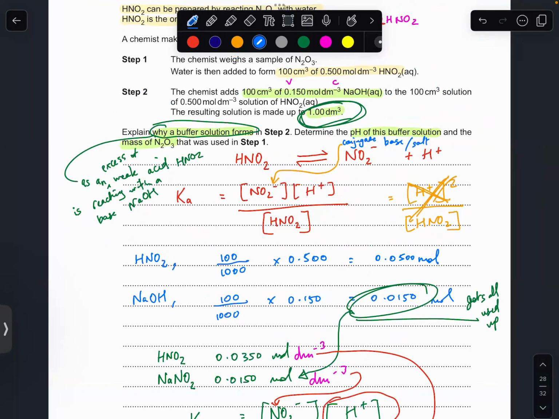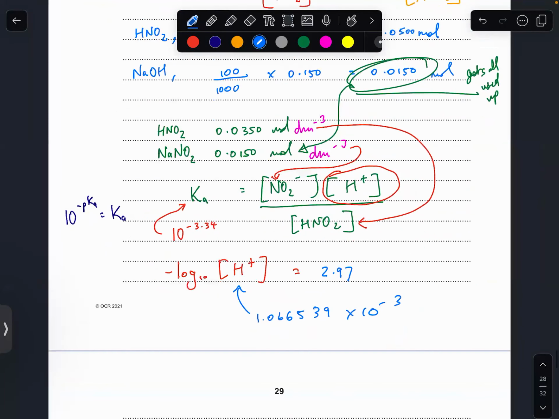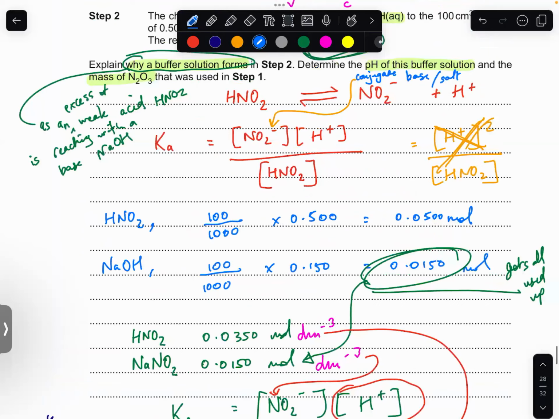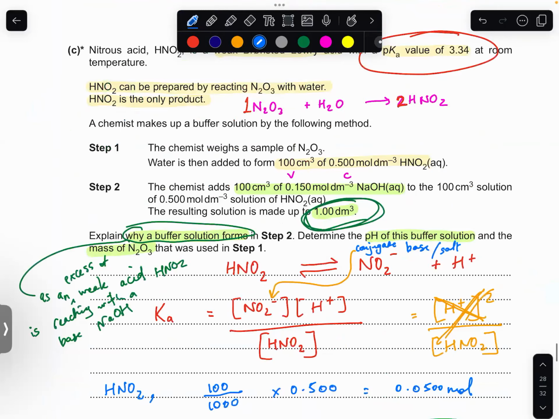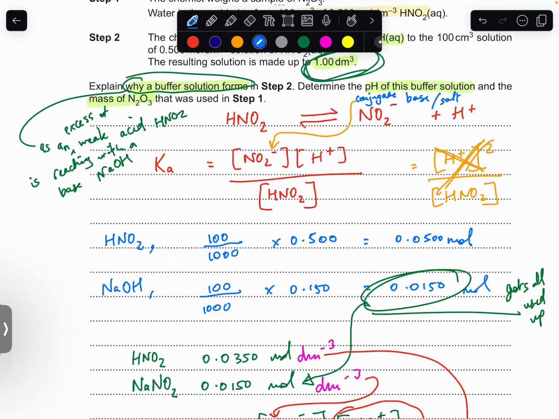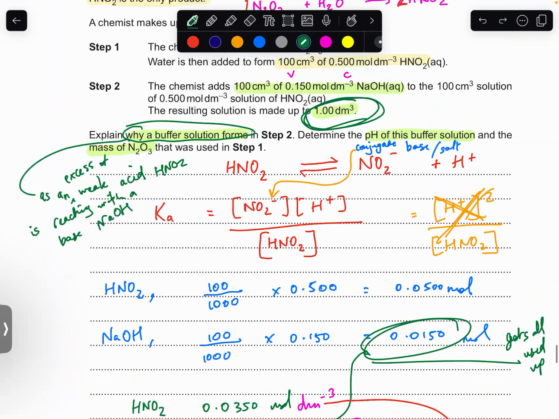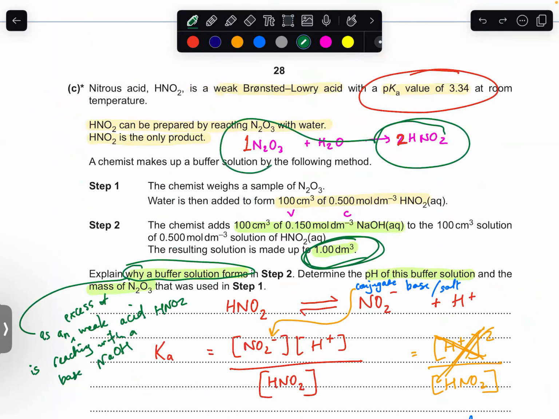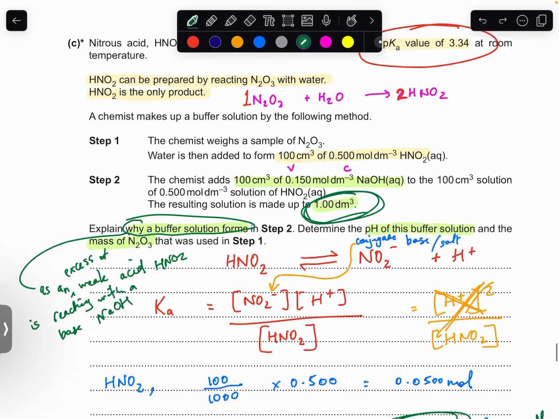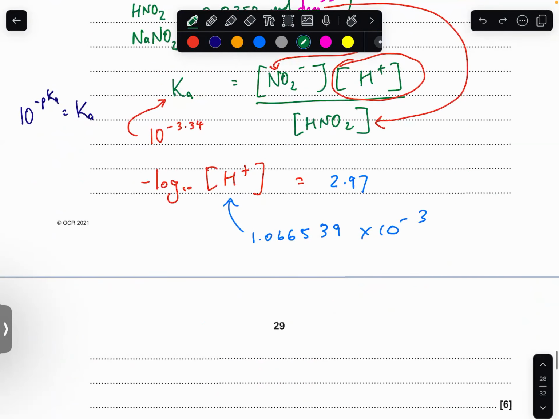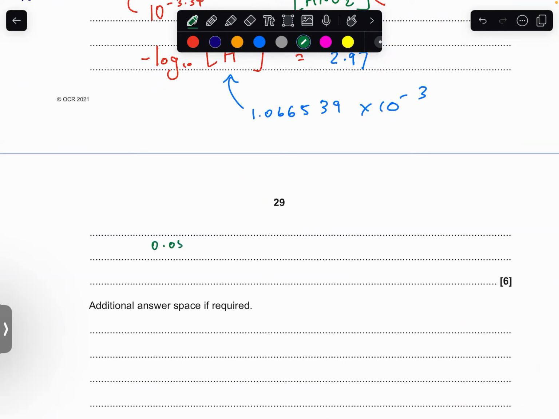And to calculate the mass, how do you do that? You see, how much was initially calculated? Ladies and gentlemen, the initial amount of HNO2 was 0.05 moles, the initial amount of the acid that was produced, HNO2. You see that HNO2 is a 2-to-1 ratio with N2O3. How do you make 2 into 1? You divide that by 2. Let's just write this there. 0.0500, let's divide that by 2.